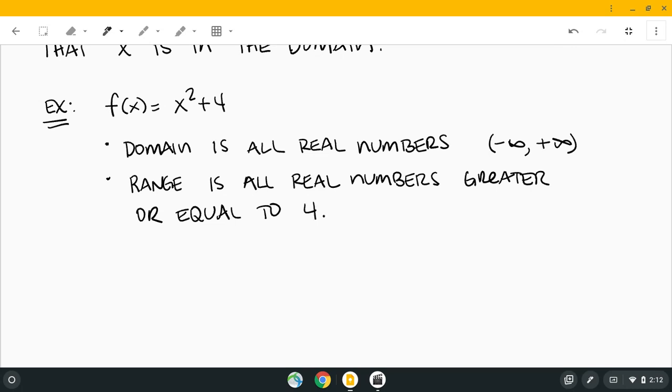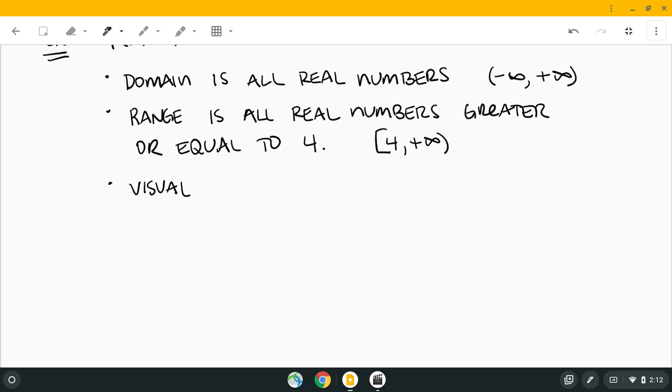Another way to write this is like this. Okay, greater than or equal to 4. And then here's a visual so that you can see where all of this information comes from. It's a little easier to determine the domain and range by looking at its graph.